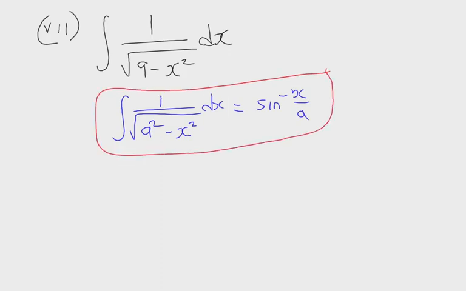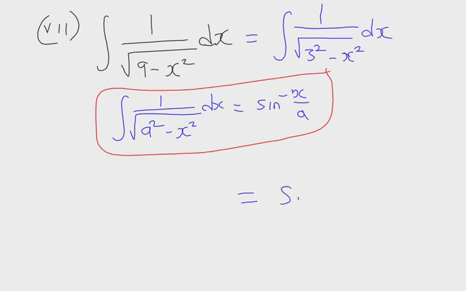So let's compare it now. So this is integral of 1 over square root of 3 squared minus x squared dx, and then the answer will be half sine x over 3 plus 6. That's the answer. So there are different kinds of forms the question may be written.